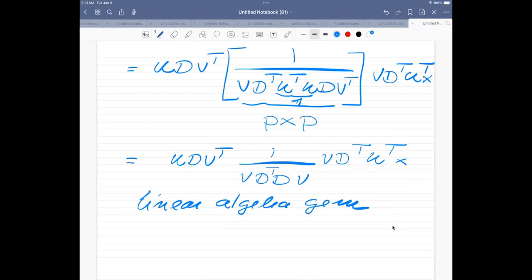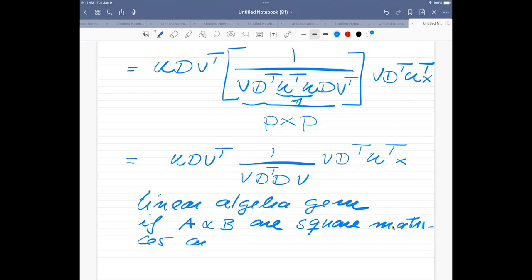This simply states that if A and B are square matrices and each of them is invertible, then there is a very interesting property.